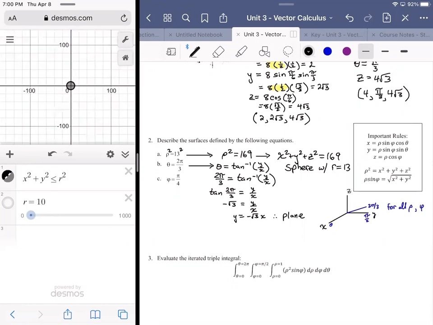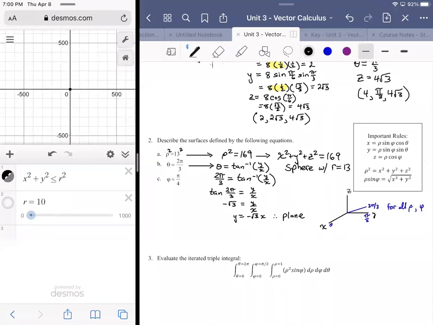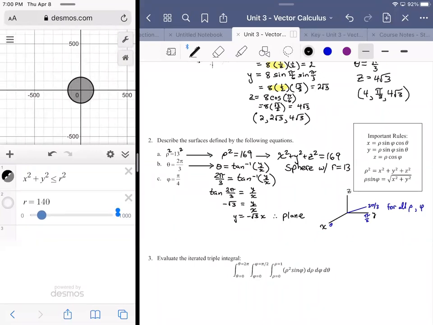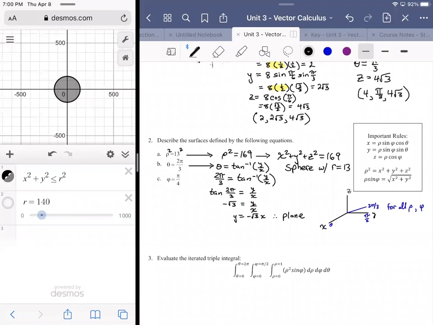I'm going to zoom out a lot instead of radius of 1,000. So let me get at least 500 there. All right. As I start expanding outward, my circle gets larger and larger. I think that's obvious. But what's happening is, yeah, it's covering more and more area in the xy plane.